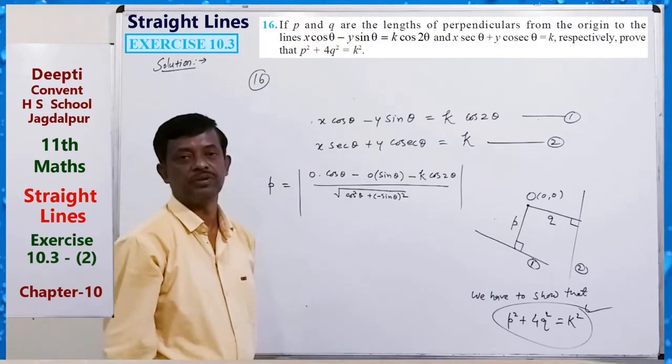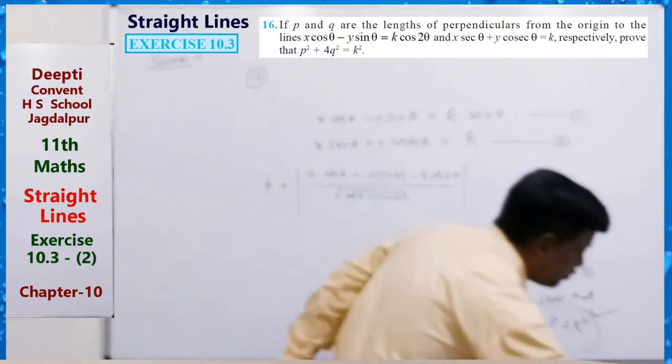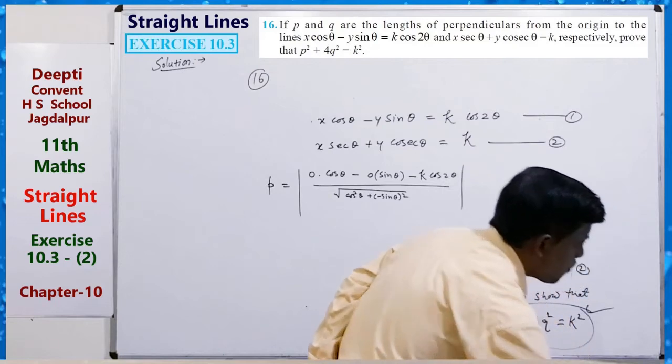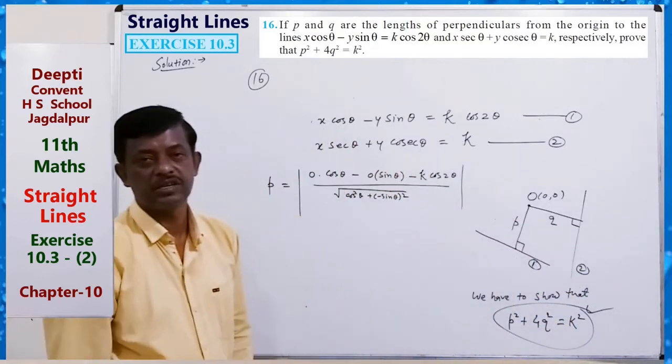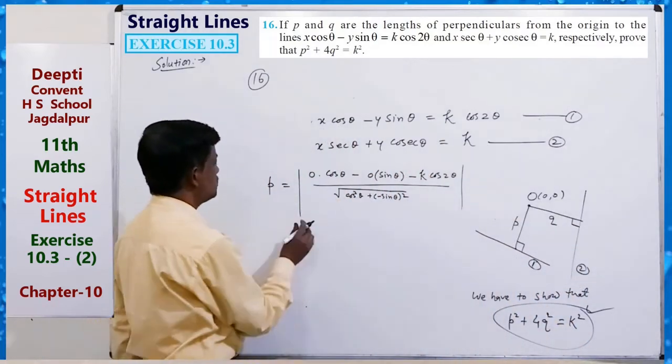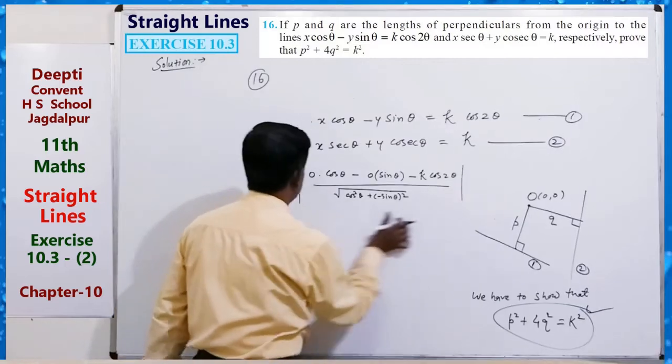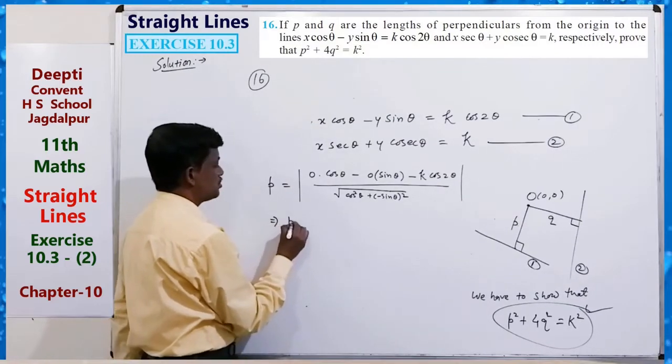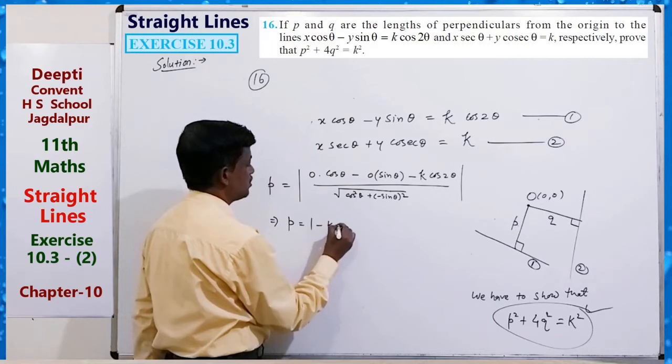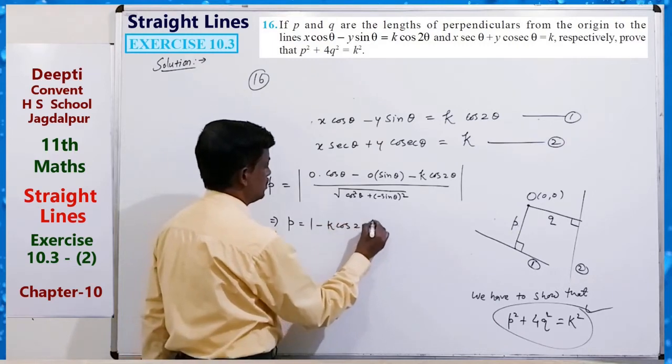This is the value of P. So the value of P is minus K cos 2 theta. Here, this. So we can get P equals minus K cos 2 theta.